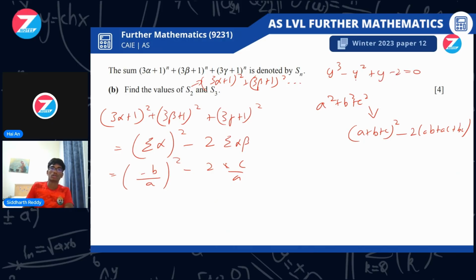So what's b and a here? b is going to be minus 1 and a is 1. So minus of minus 1 by 1 is just 1 squared. Minus 2 into c by a. c is also 1, so 1 by 1. So it's just going to be minus 1. Right? So S2 is equal to minus 1.